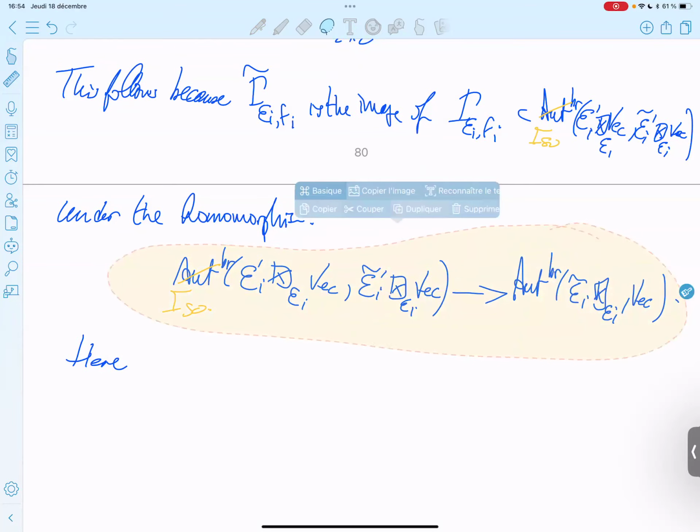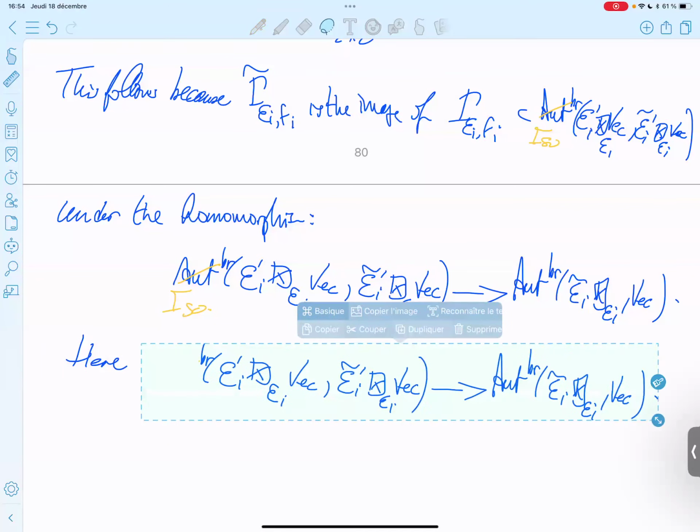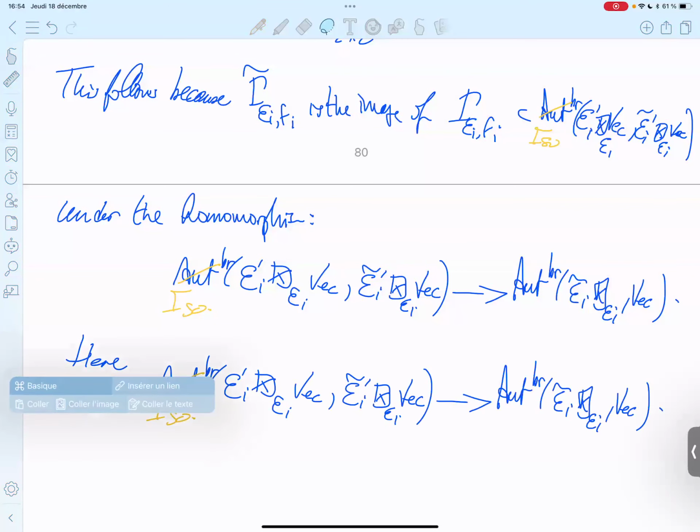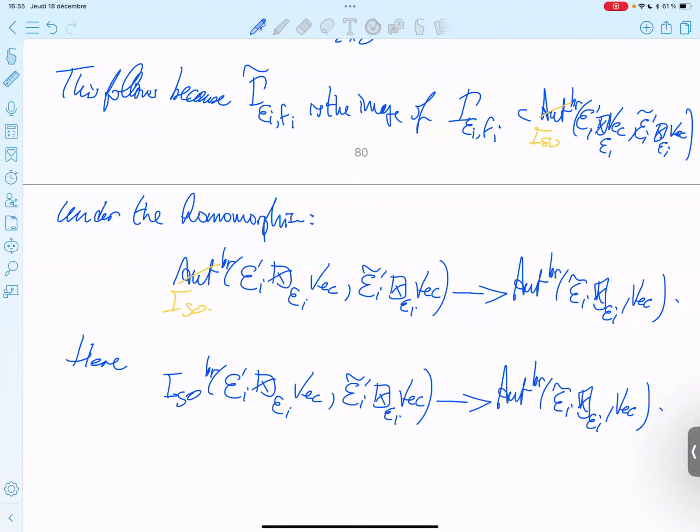I just mentioned it because it was written in the paper, but without any further motivation, I don't see why we should spend much time on that. Isomorphism. This is a group of... yeah, maybe there is a typo here again.